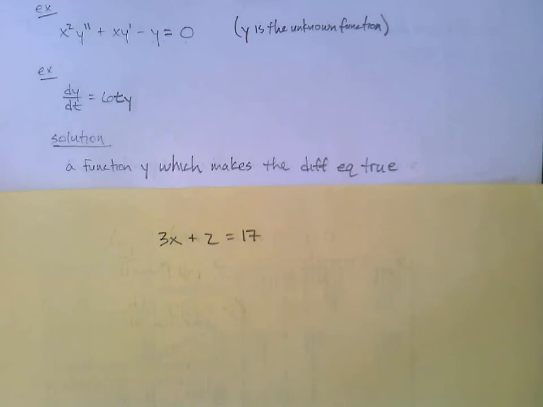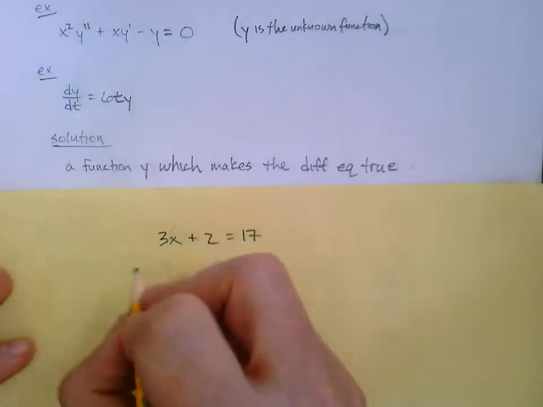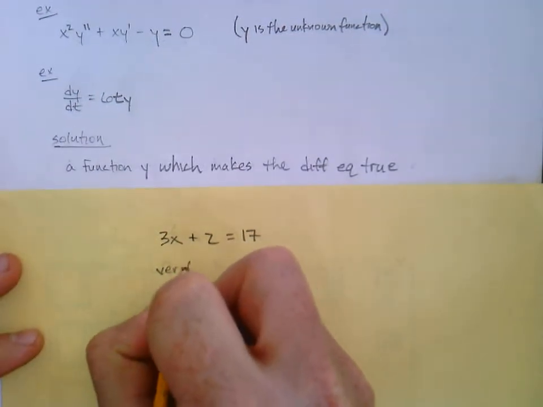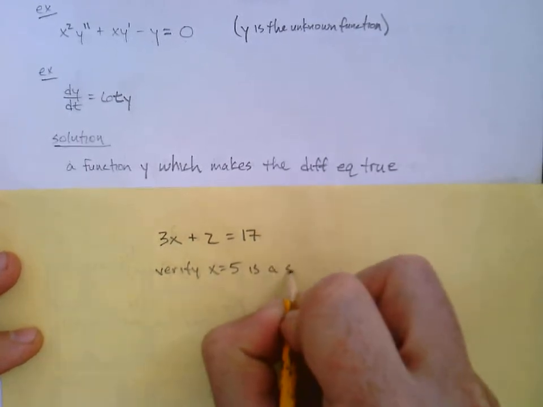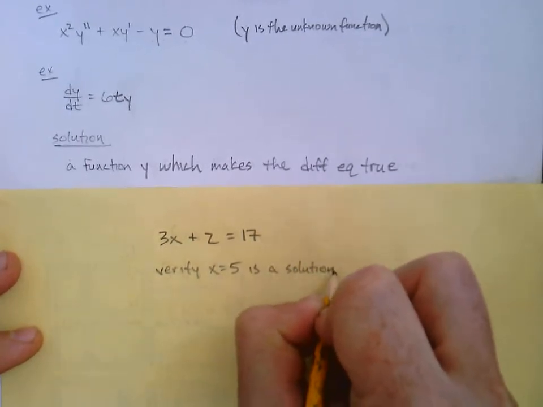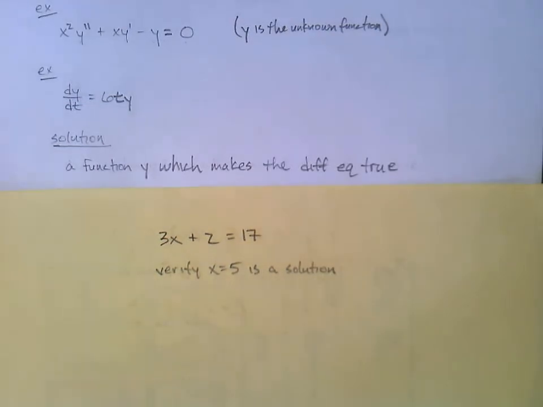You'll see this equation, and you haven't learned how to solve these yet. So they're going to say, verify x equals 5 is a solution. They're going to tell you what it is, but it's your job to verify or confirm it.